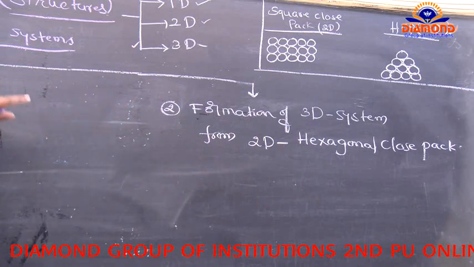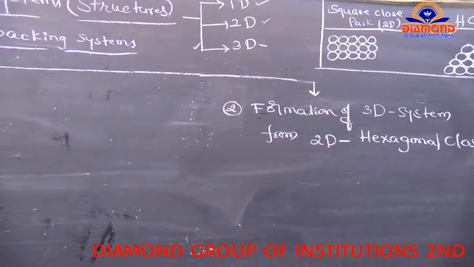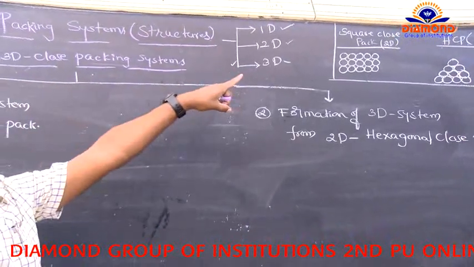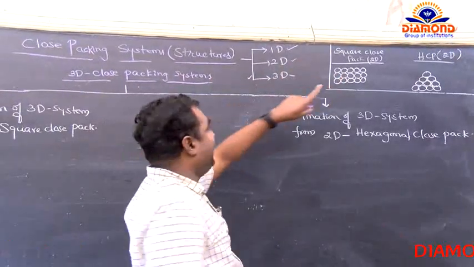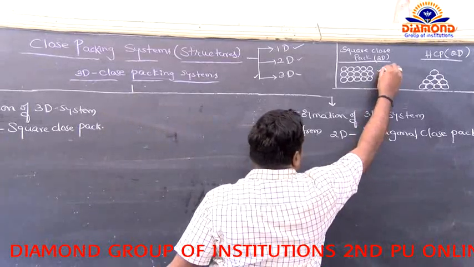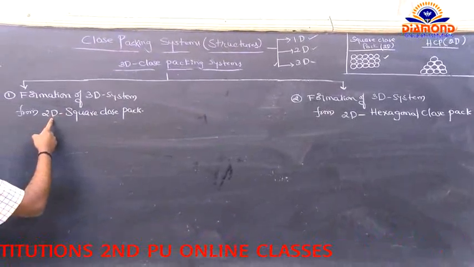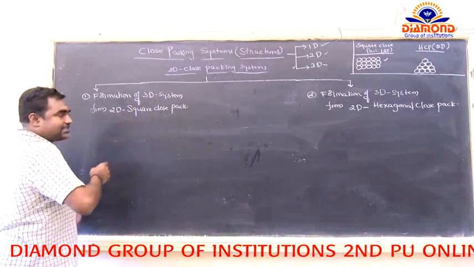Now if we take the 3D system, compulsorily we have to use the 2D system only. The 3D system must come from the 2D. In the first case, we choose the square close pack arrangement, and by using it we can get the 3D system.